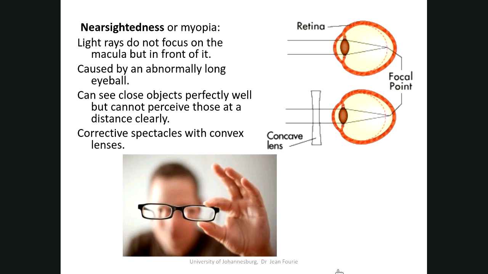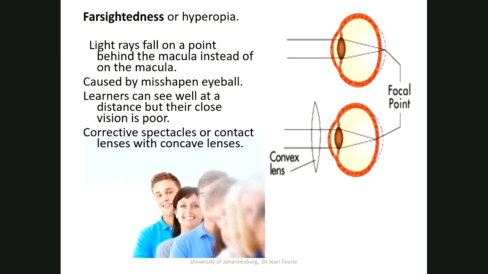As opposed to far-sighted, otherwise known as hyperopia, where the light is focusing further away from the retina. So on the retina itself, there isn't a nice clear light.